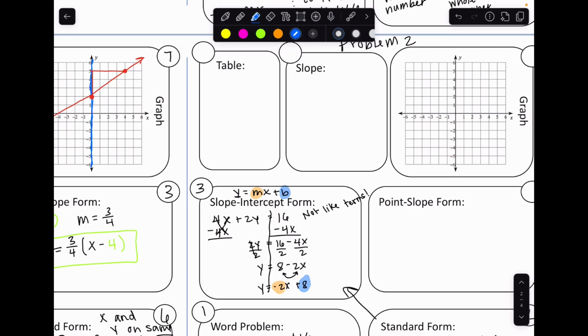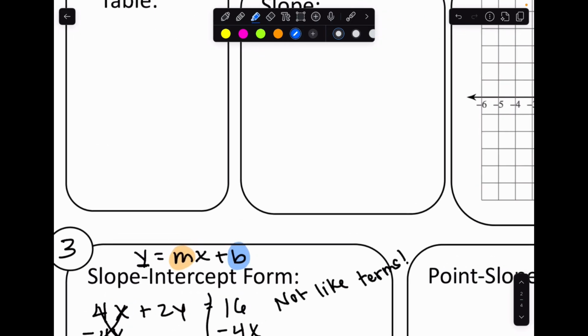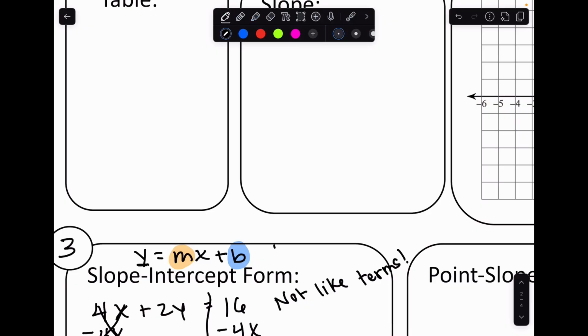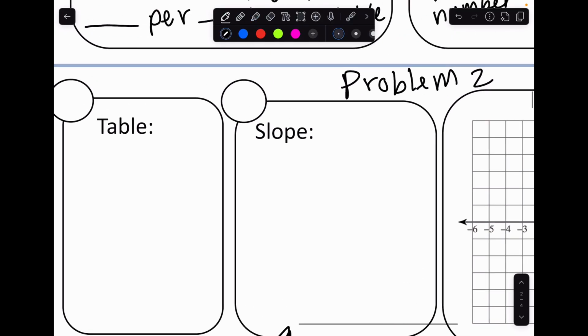So from here, we know our slope, right? We were given our slope when we solved. We know our m equals -2. But since we want it in fraction form, we're going to say -2 over 1.